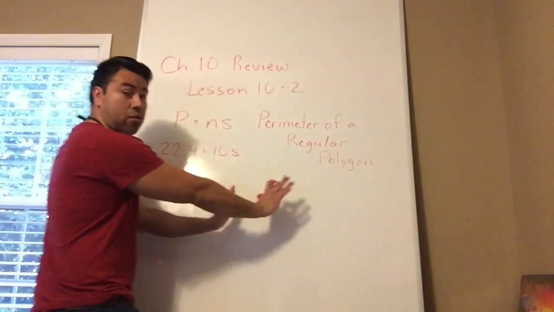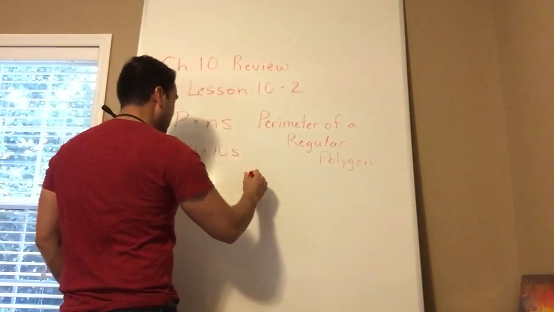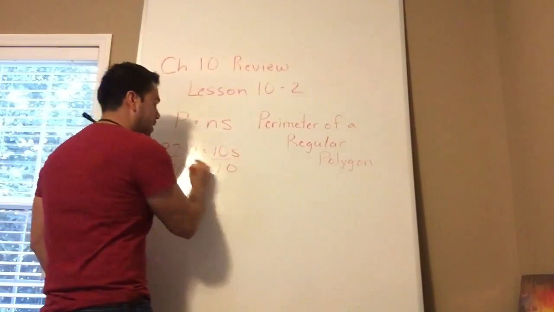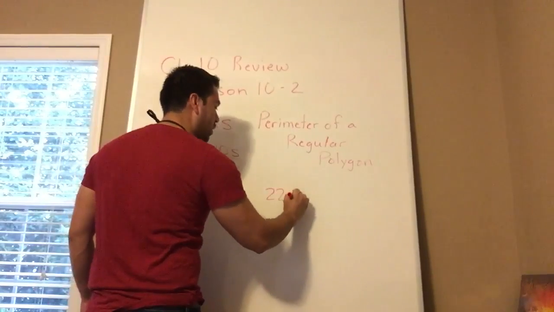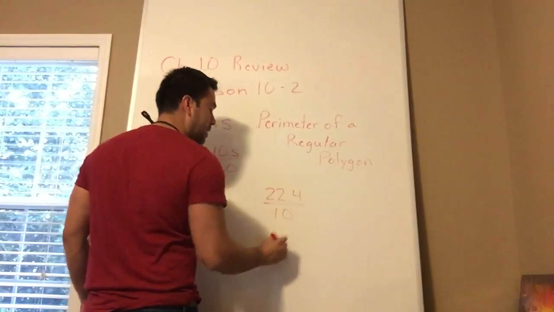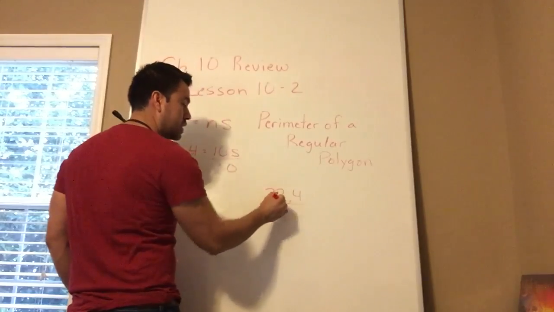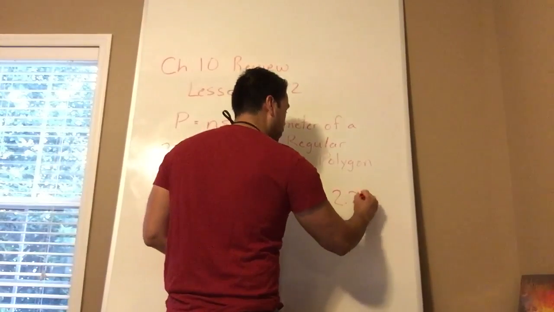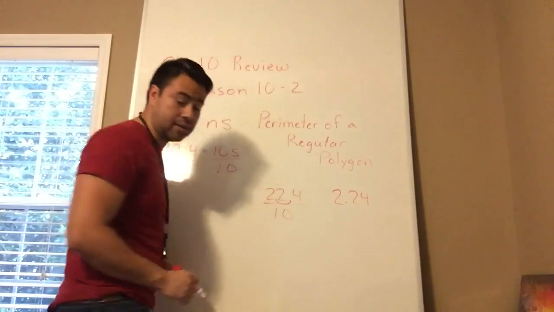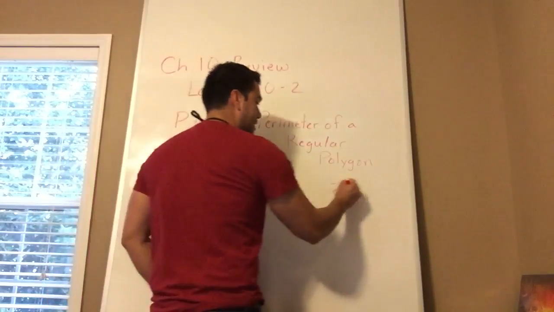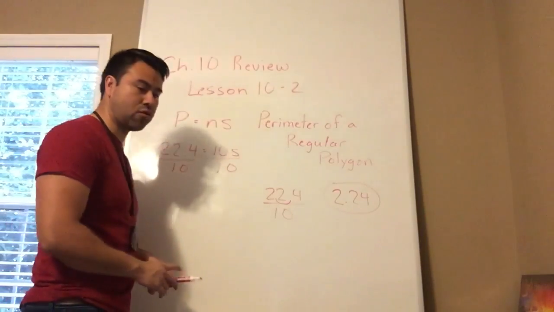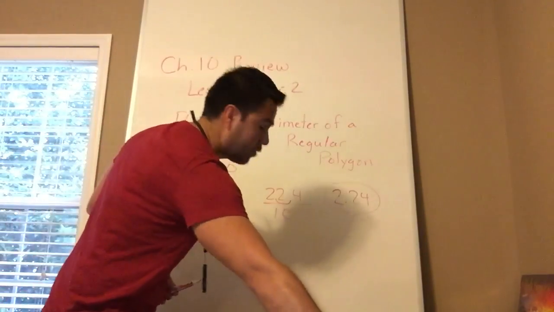I'm going to work it out over here so you can see it a little better. You would divide both sides by 10, so really you're doing 22.4 divided by 10, which just moves the decimal over to the left once. So you get 2.24, and that's going to be the length of each side if you have a regular decagon. So that's how you use that first formula, P equals NS.